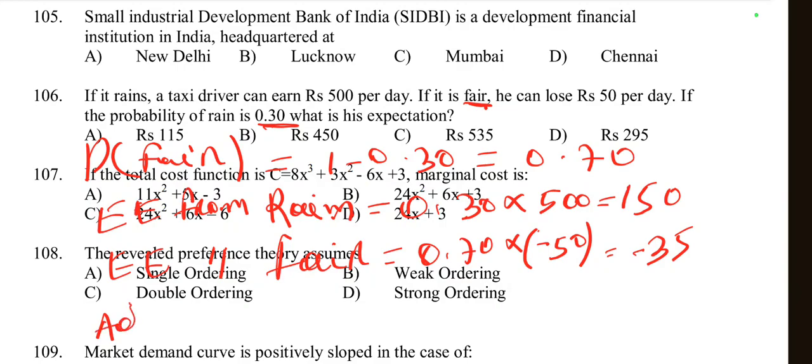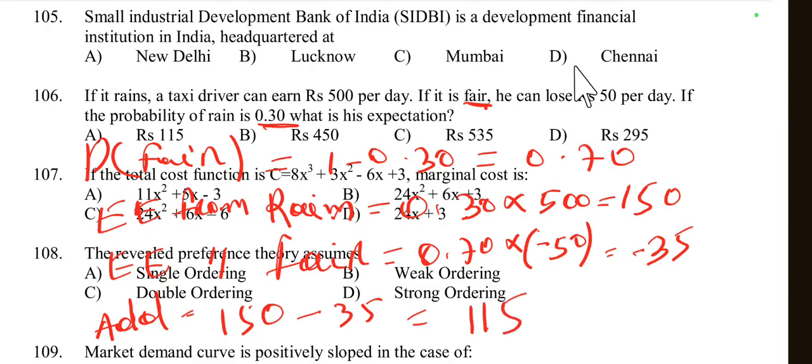By adding these two, 150 minus 35 is equal to 115. So when the probability of rain is 0.3, his expectation is rupees 115. So it is option A, 115.